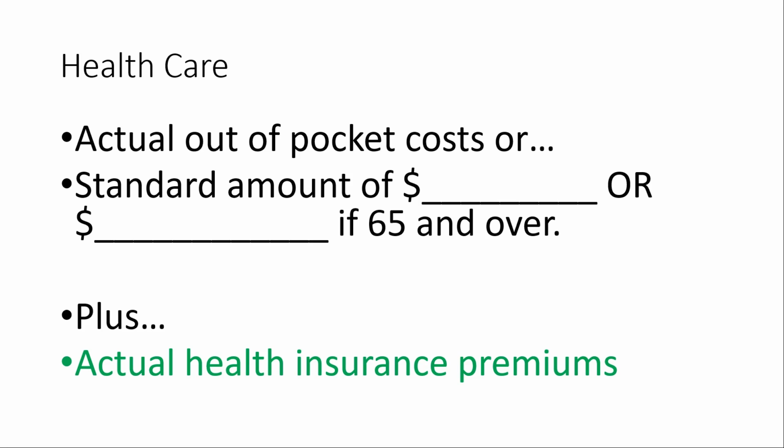So we are going to be okay with everybody claiming their actual out-of-pocket healthcare cost. So whatever your client is paying every month for co-pays, prescriptions, anything of that nature, then you can claim those actual out-of-pocket costs without a cap.